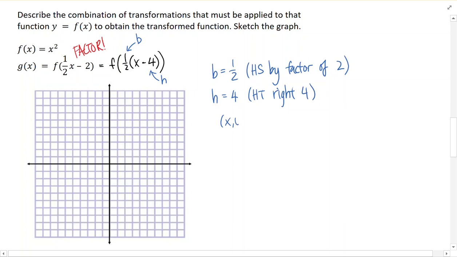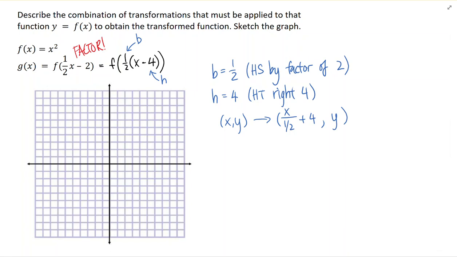So let's put this into our mapping. So we have x, y, and in this case, since it's b and h, x is actually being affected. So we have x divided by b, which is half, plus h. And y, well, nothing's affecting vertically, so y is just going to stay as is.